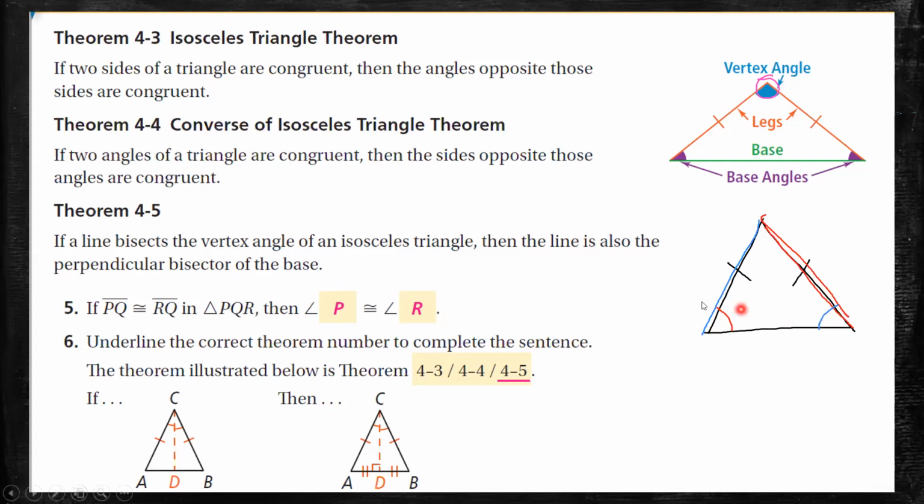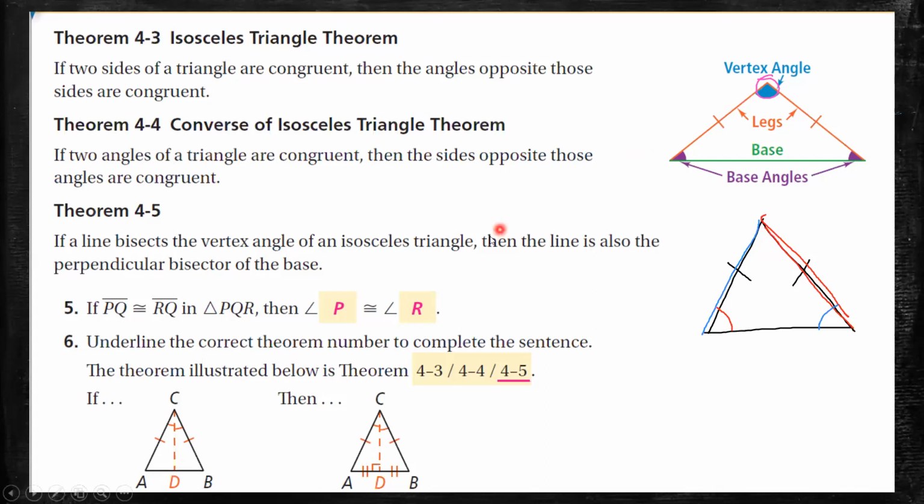Where is the opposite side for the blue angle? It is this one. And the opposite side for the red angle will be the red line. So if the two angles are congruent, that means the two lines are congruent too.